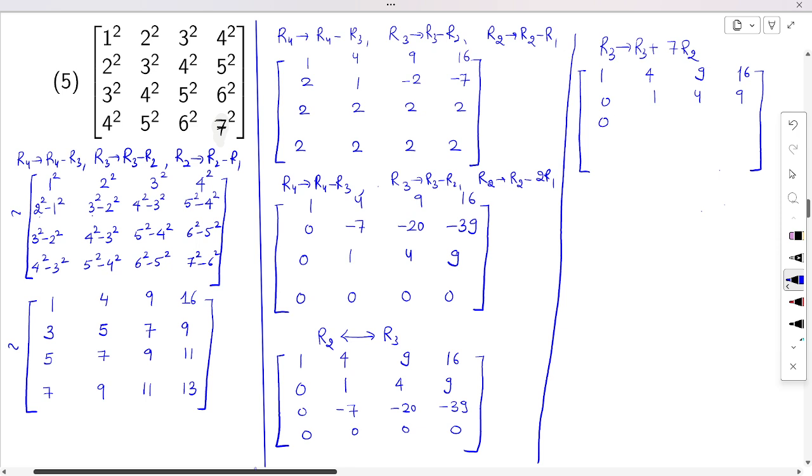This is 0, 0. This gets multiplied by 7. 28 minus 28, and this 9 gets multiplied with 7. This is 63, and 63 minus 39 is 24.